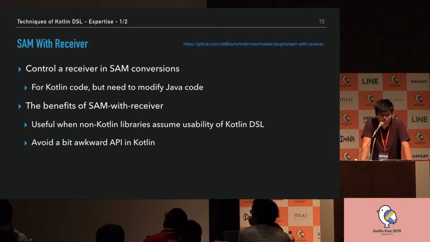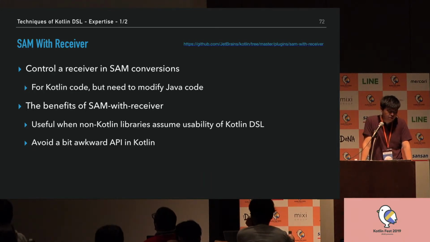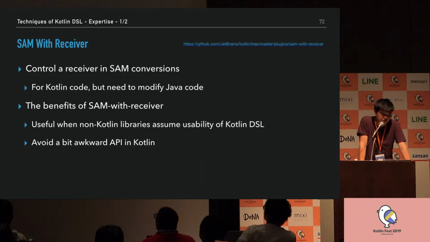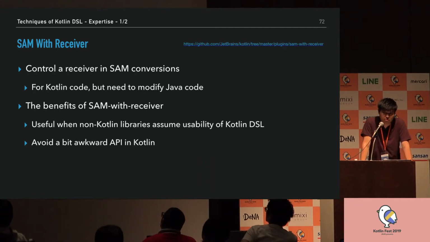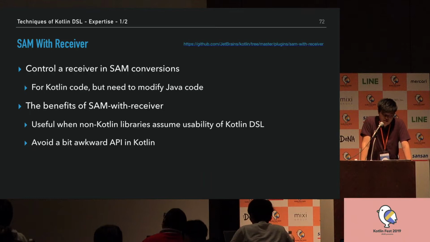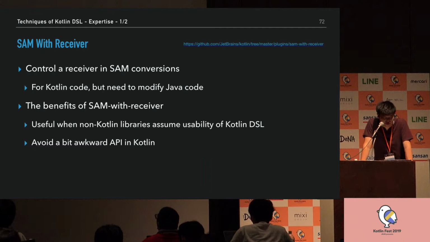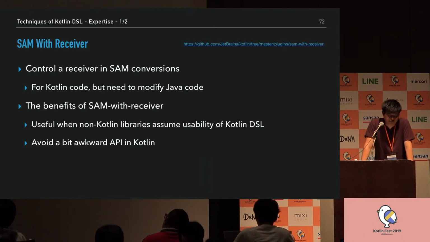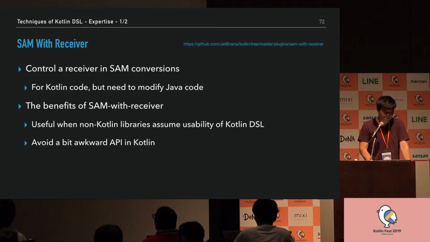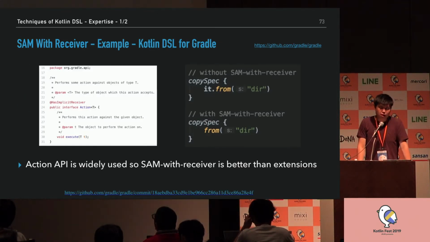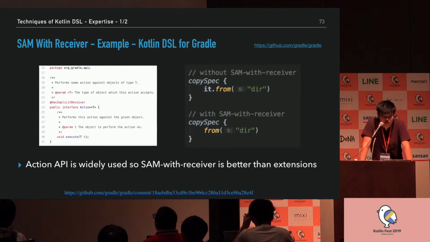SAM with receiver can control a receiver in SAM conversions. This feature is for Kotlin, but modifications happen in Java code. This is useful if you are a Java library developer and assume usability of Kotlin DSL. And also, it may avoid a bit awkward API in Kotlin. In fact, Kotlin DSL for Gradle is using this feature.